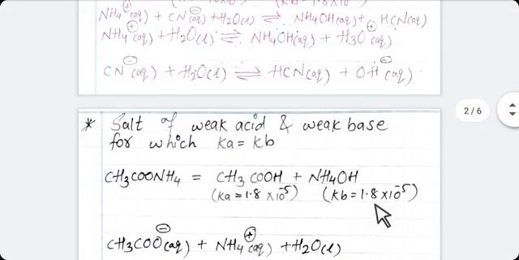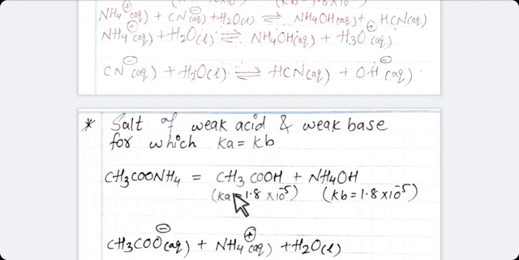The next salt is the salt of weak acid and weak base for which Ka is equal to Kb. For this type of salt we are using ammonium acetate, CH3COONH4. It is the salt of weak acid and weak base for which Ka is equal to Kb.